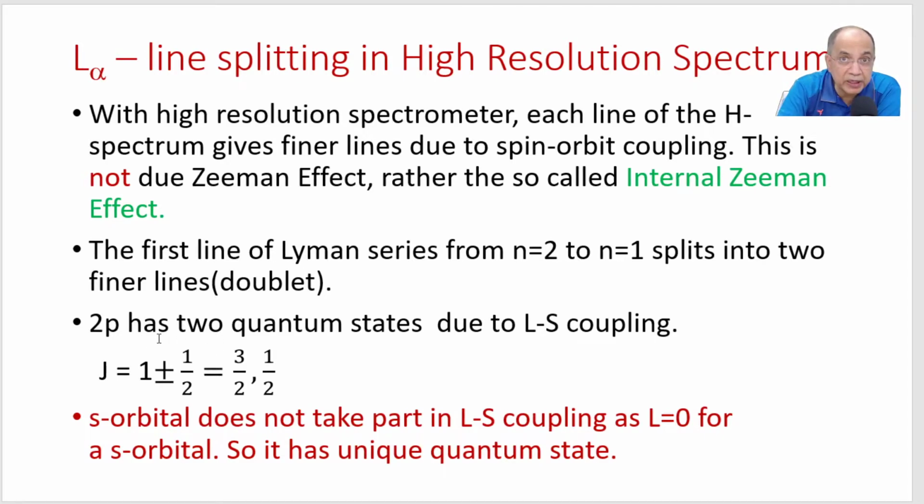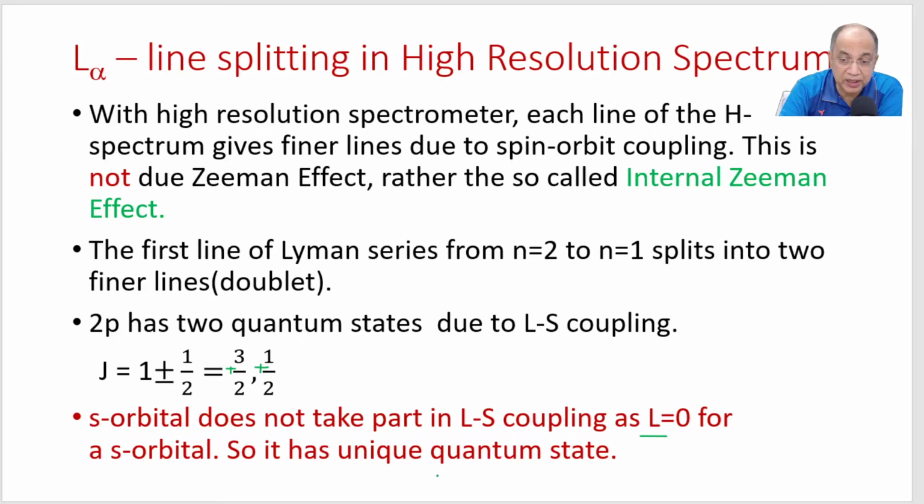So only 2p, which has a non-zero orbital angular momentum and orbital magnetic moment, couples with the spin vector to produce a J vector, and it has 2 values, 1 plus half and 1 minus half, that is 3 by 2 and 1 by 2, all positive. The S orbital does not take part in LS coupling, as its L is equal to 0.